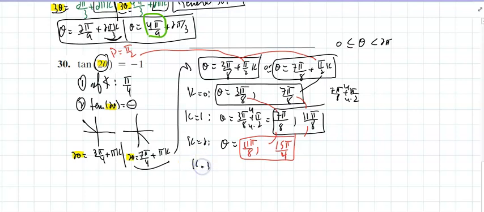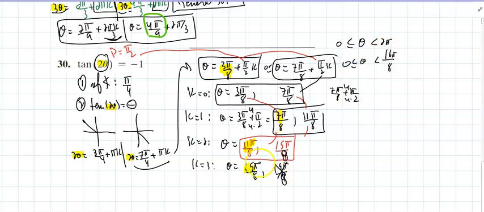If I let k equal 3, I went from 3 pi over 8 to 7, I added 4 to the top, add another 4, and add another 4. And if I add 4 here, that's 19 pi over 8. That's bigger than 2 pi. Remember, if I want to make 2 pi over 8, did I say 4? I meant 8. I'm sorry, you guys. If I want to make it over 8, isn't that 16 pi over 8?